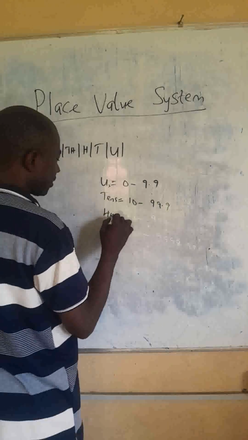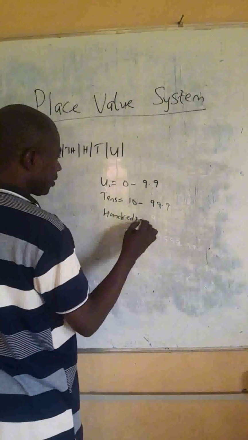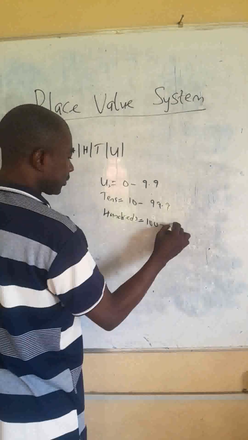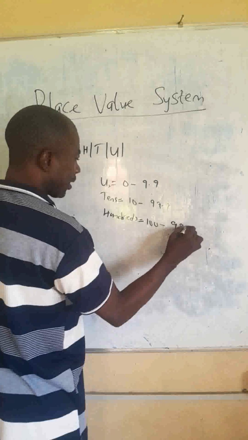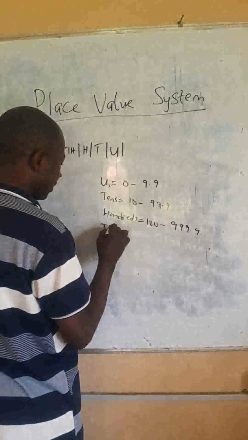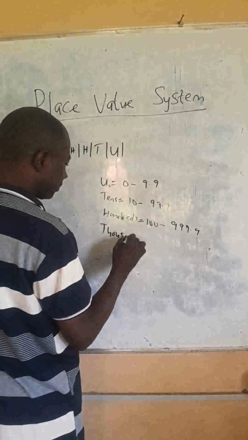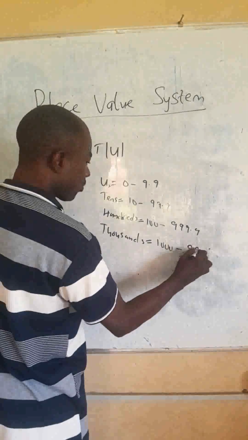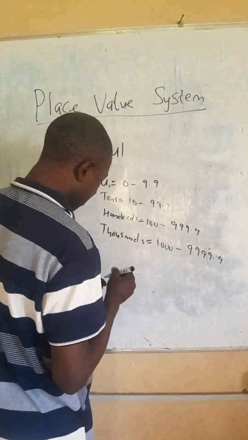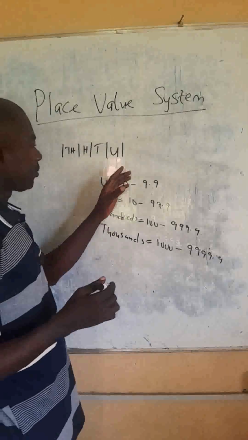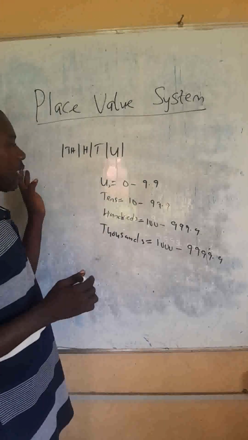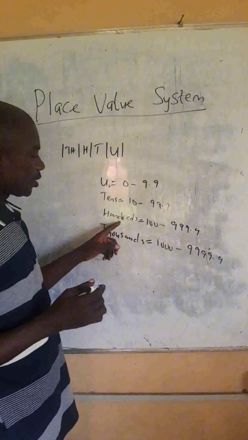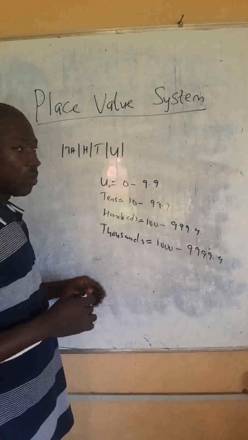The hundreds is between 100 and 999.9. Then let's take thousands. So each of these numbers belongs to a particular house. So unit is for units, this is for tens, this is for 100, and this is for 1,000.